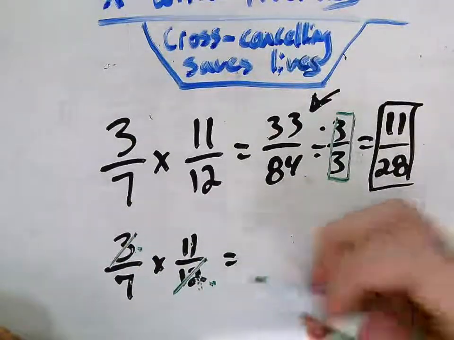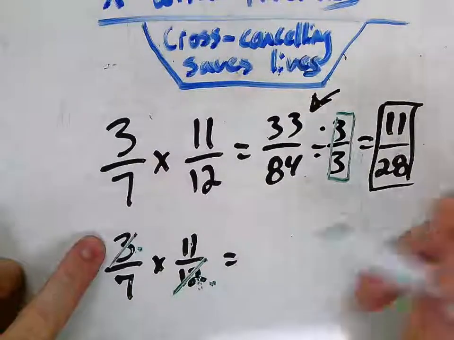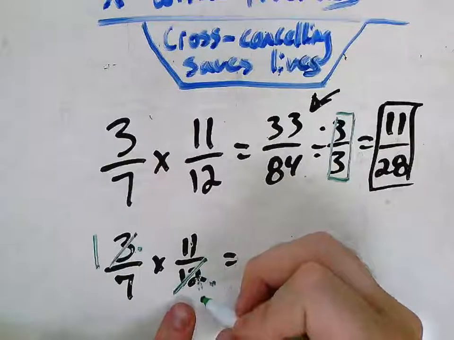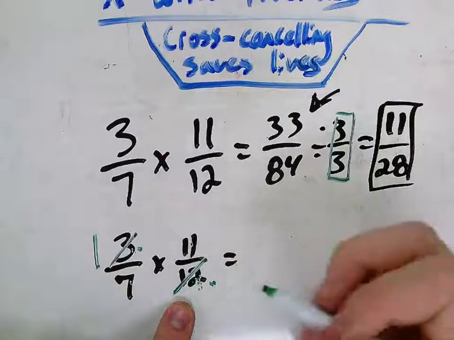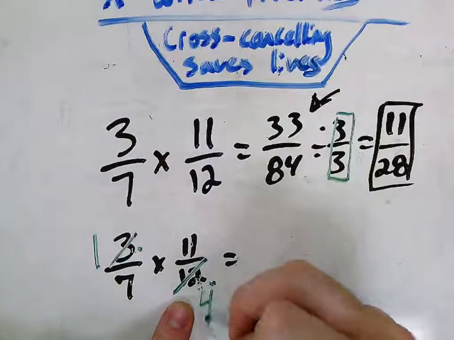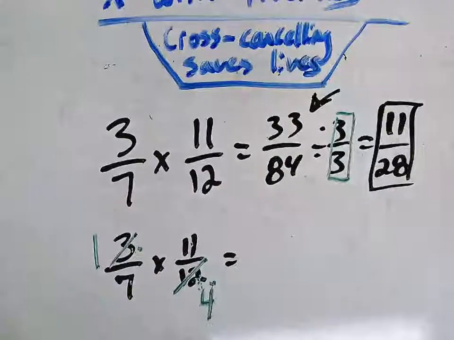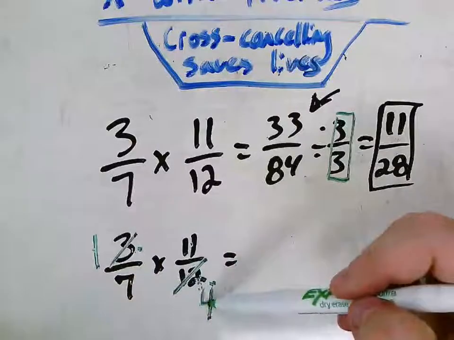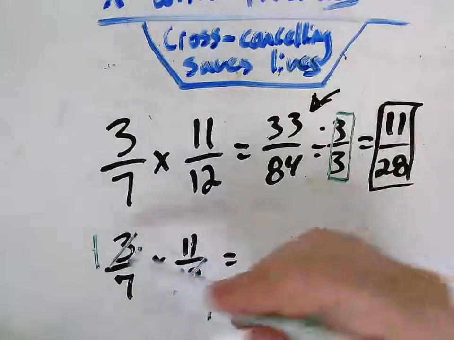What I'm going to do is say, what is 3 divided by 3? Well, it's 1, but I have to do the same thing I just did to the top to the bottom. So 12, what is 12 divided by 3? That is 4. Now I have much simpler terms. I have a 1 on top and a 4 on bottom instead of a 3 and a 12.